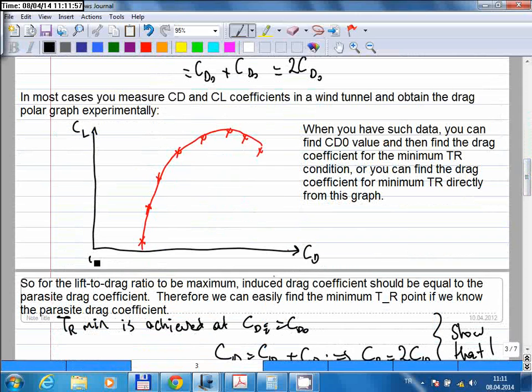And this is the origin. So let me show you a graphical way of finding that special point. Let me use the green color. Let me draw a line from the origin to a data point here. Let me choose this data point. If you draw a straight line from the origin to that data point, you get this line.